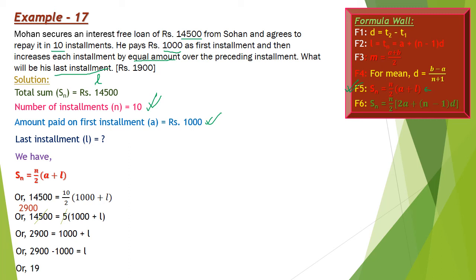And L is equal to 1,900. Hence the last installment is rupees 1,900.